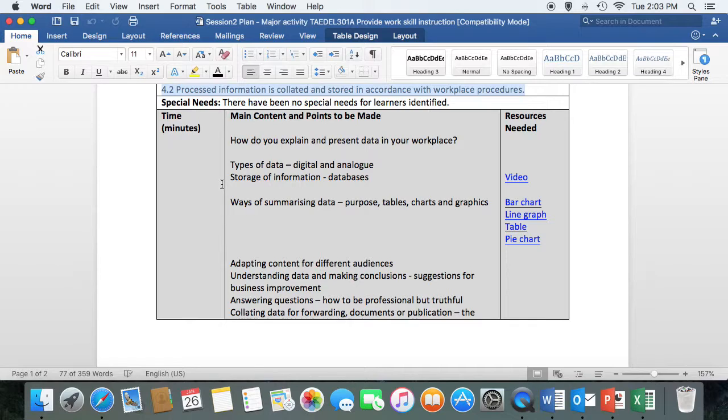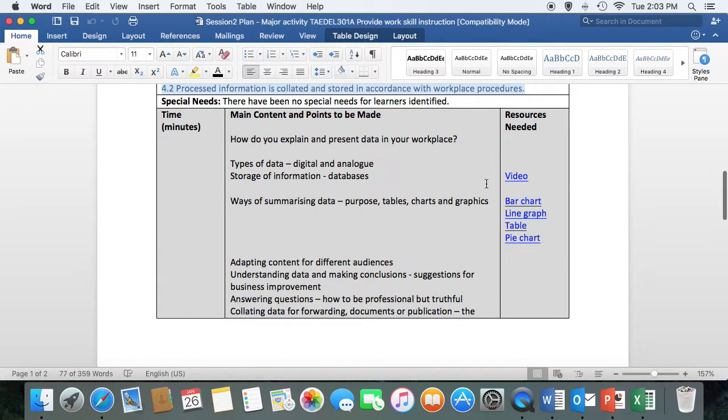So how do you explain and present data in your workplace? We'll take a look at what you're currently doing. We've got a video we'll watch too, which gives a really good rundown about the different types of data and storage information in databases. I thought that was quite good, so we'll take a look at that. We'll also review different ways of summarising data. So what's the purpose of the data? Taking a look at tables, charts and graphics.